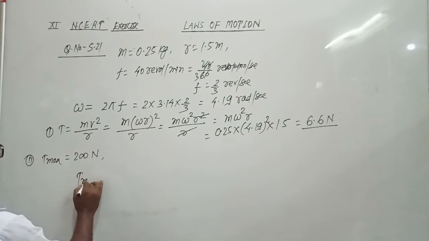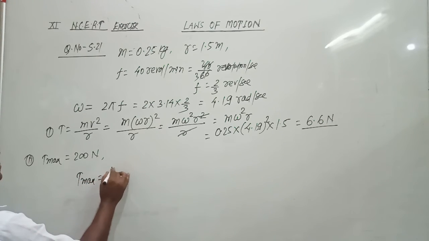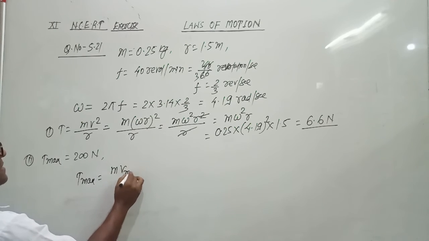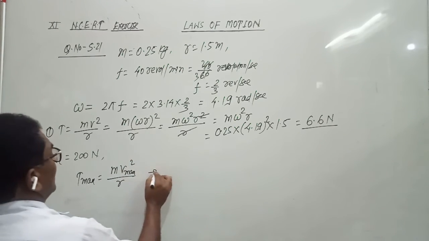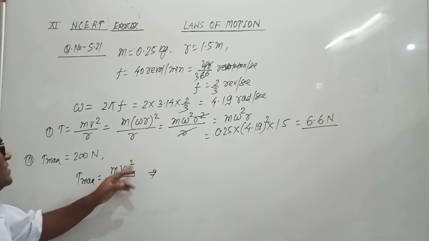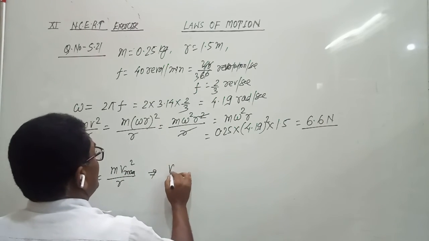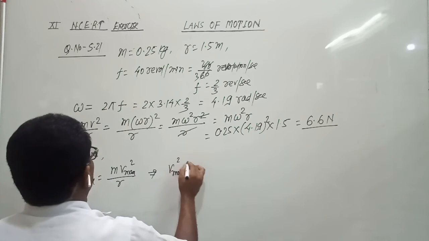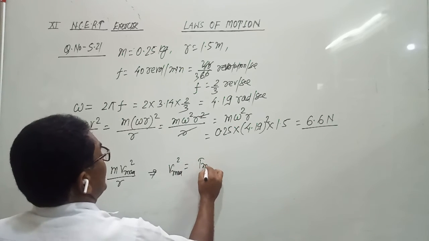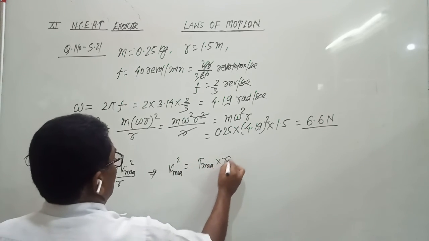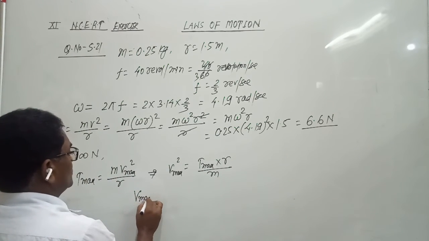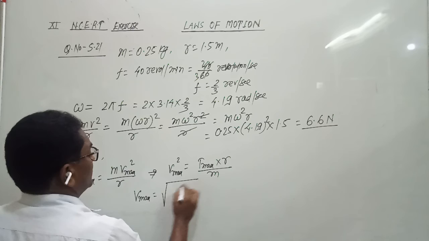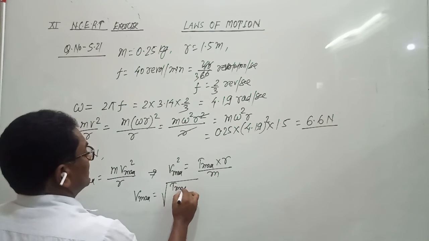So the formula is T maximum equals m v maximum square upon r, and we solve for v maximum. So v maximum square equals T maximum into r upon m, and v maximum equals the square root of T maximum into r upon m.